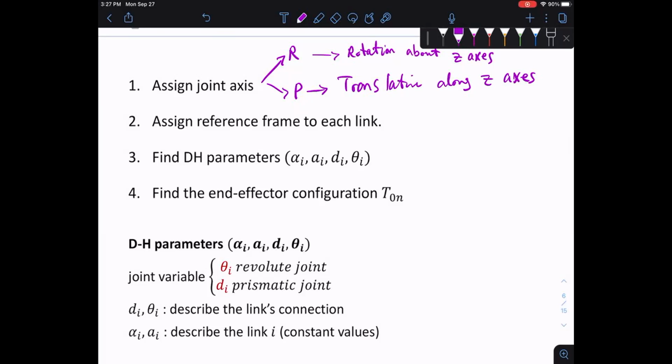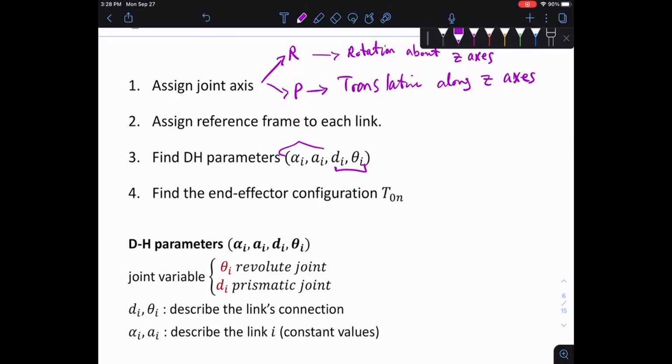So two of these are variables. Two of them are constant, distance and angle between axes, all right? Now, there are cases that there will be a constant angle between two joints and there will be a variable added to it. We will solve your example for that. But in general, these two are the joint variable, the other two are constant values.